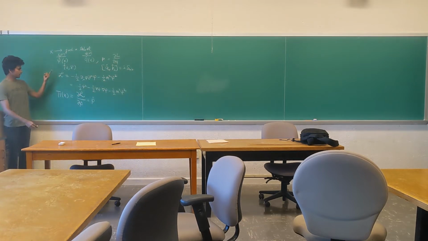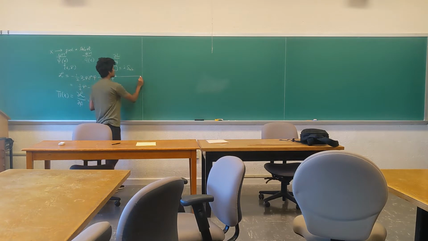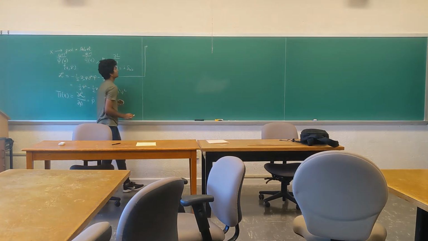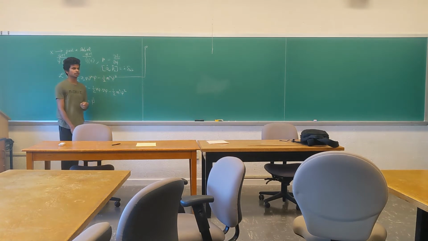Before doing that, let's do a little bit more work using this Lagrangian. If we have this Lagrangian, how do we find the equations of motion? Use the Euler-Lagrange equations.